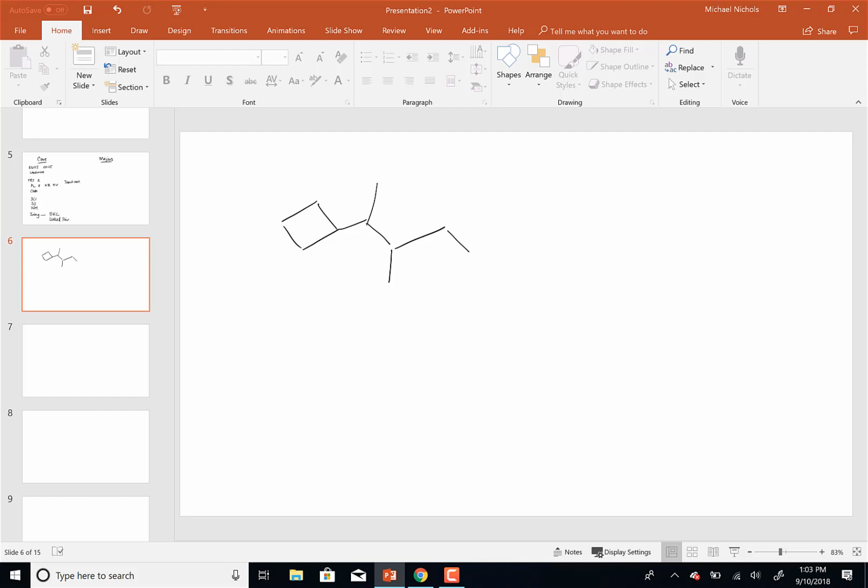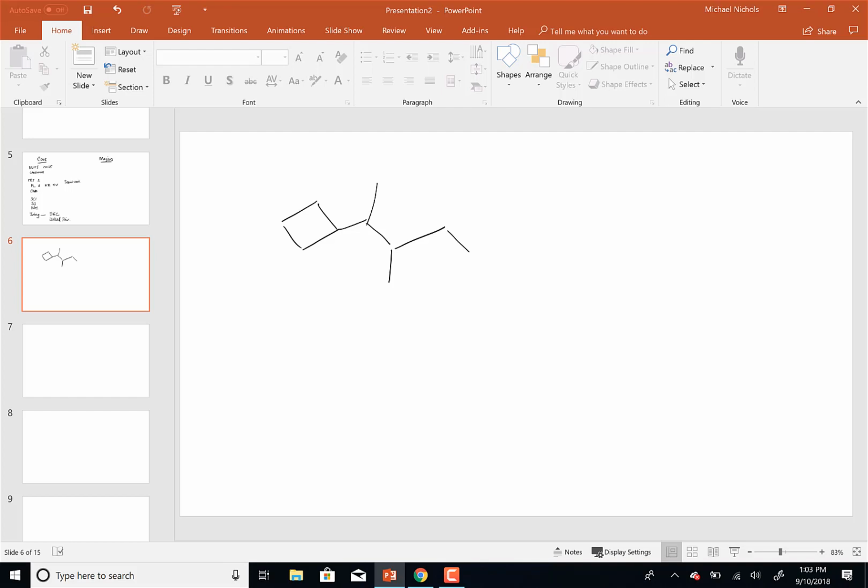The way we determine the parent chain for cycloalkanes is: does the substituent have more carbons than the ring, or does the ring have more carbons than the substituent? In this case, there's a 4-carbon ring and a more than 4-carbon substituent.